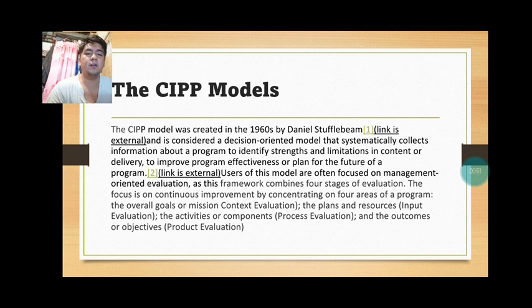The focus is on continuous improvement by concentrating on four areas of a program: the overall goal or mission, context evaluation; the plans and resources, input evaluation; the activities or components, process evaluation; and the outcomes or objectives, product evaluation.